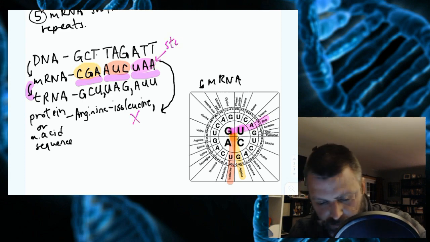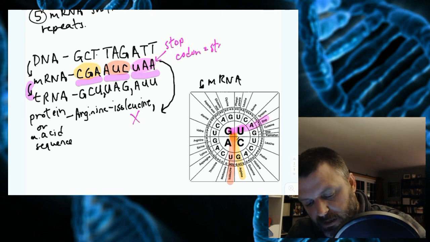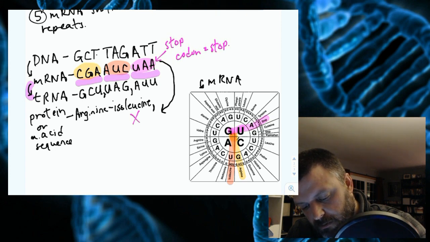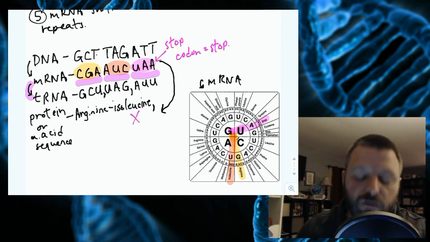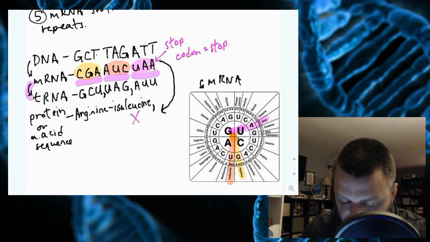And notice this time you get a stop codon. So what happens here with a stop codon, you just stop. It tells you to stop making that protein. So you have multiple different types of stop codons. You have one over here, UAA is a stop codon, UAG is a stop codon, and then there's one more over there, it is, UGA.